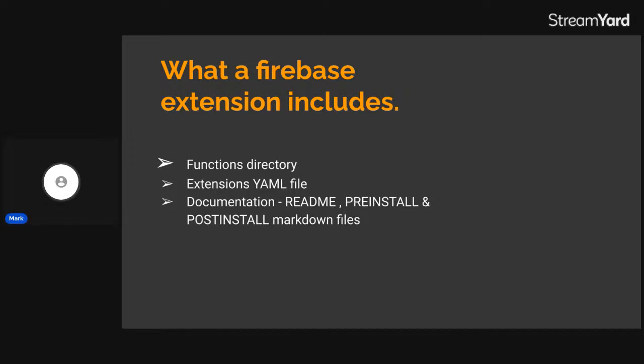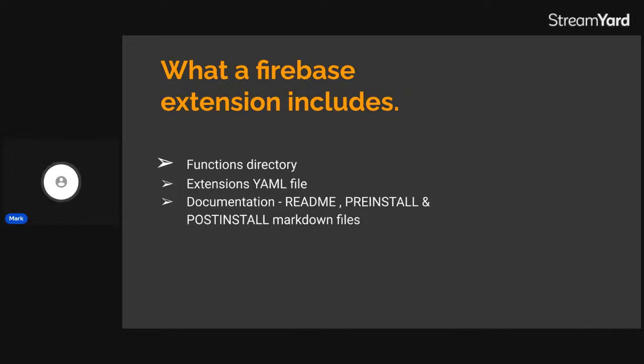The other thing is the documentation. The readme describes what the extension does, the roles that it needs, and how to install the extension. The pre-install file covers what roles you want to give to the extension.